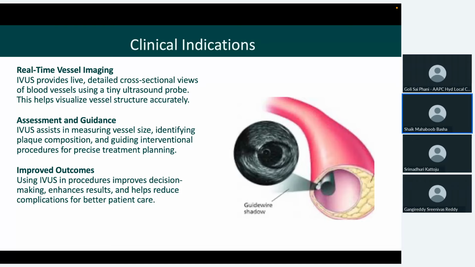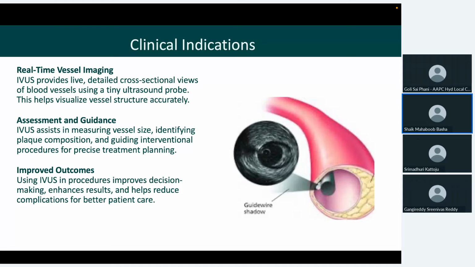This helps to visualize the vessel structure accurately. If you do angiography, you may not get results very accurately, so to learn about the conditions present inside the blood vessels, the physician will use this real-time visual imaging. This is called intravascular ultrasound.